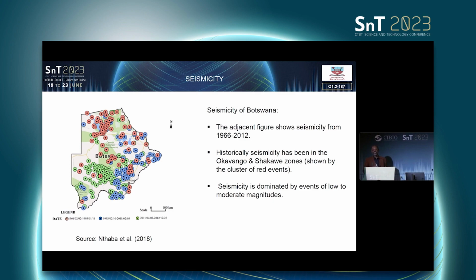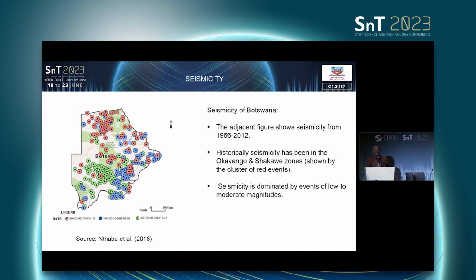In terms of seismicity, Botswana is really not a very seismic country. Starting from independence, Botswana's independence was in 1966, the seismicity was dominated by events which are in the north, which are indicated by these red clusters there.